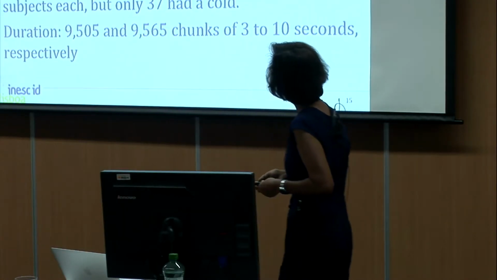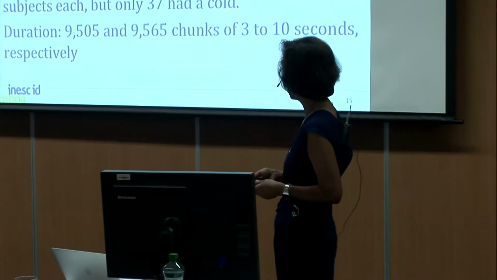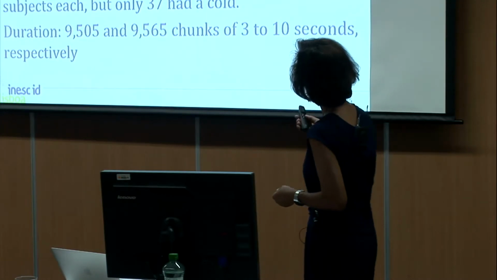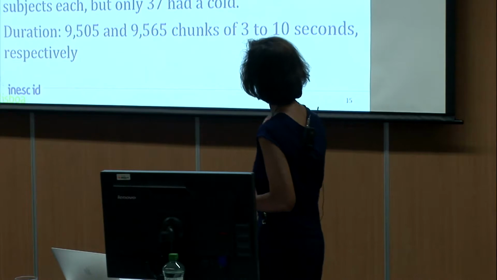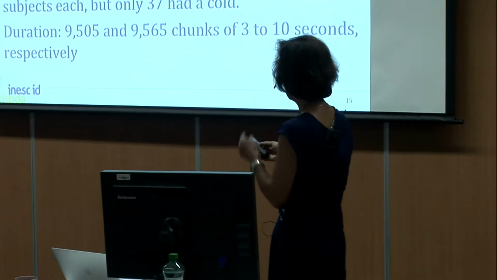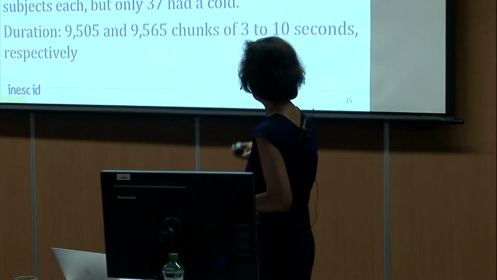The cold data set was provided in the Interspeech 2017 challenge. It's called the Upper Respiratory Tract Infection Corpus, or URTIC, provided by a university in Germany. It consists of spontaneous encrypted speech.